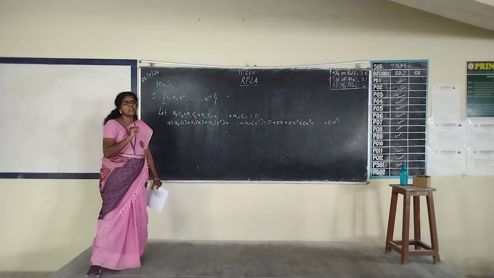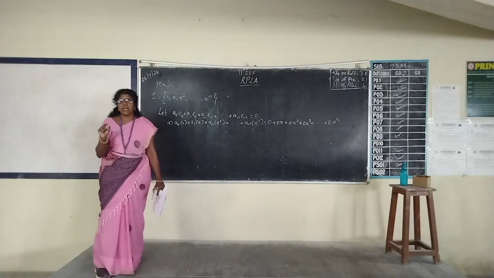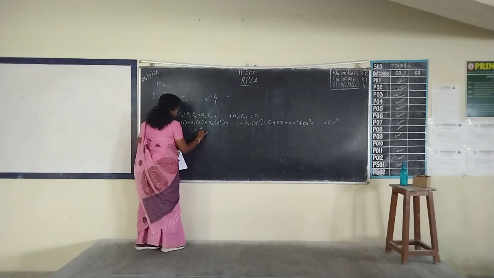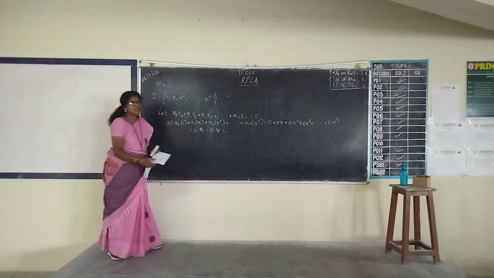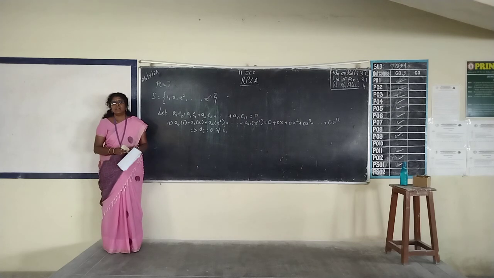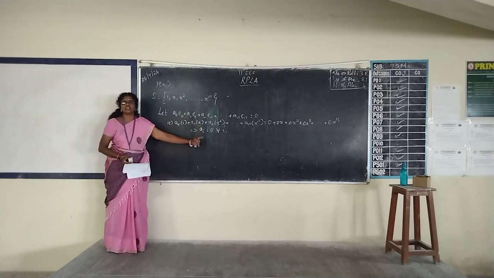A1, etc. All the coefficients will become 0. Only then this equation will become 0. So this implies Ai equal to 0 for all i. So now we have shown that all the coefficients are 0.